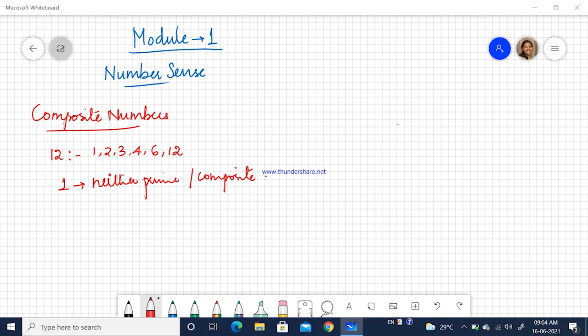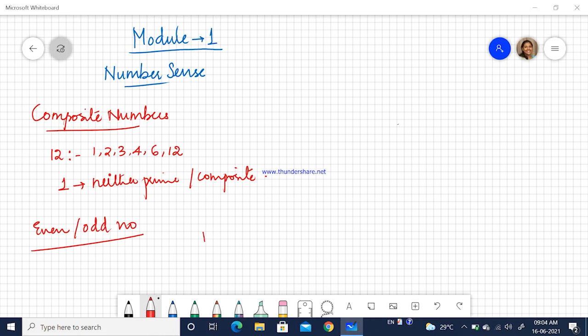Now the next set is even or odd numbers. An even number can be identified when you divide by 2: the remainder will be 0. Whereas when you divide an odd number by 2, the remainder will be 1.